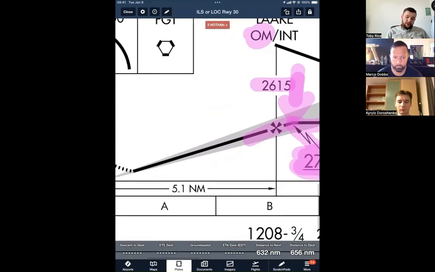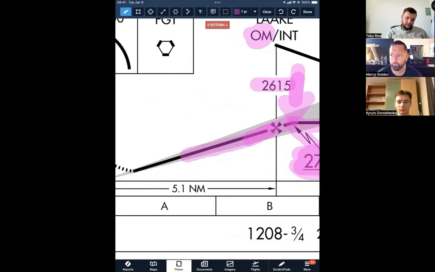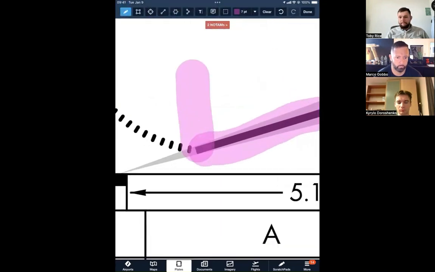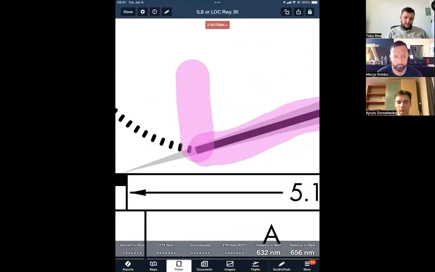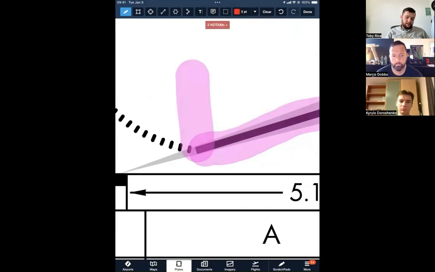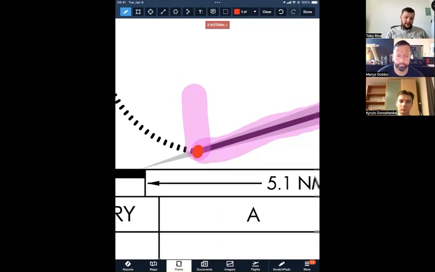From that point, you will continue your descent all the way down until when? What is this point right here? Yes, and what is that particular point called? That's the decision altitude, right? Exactly.